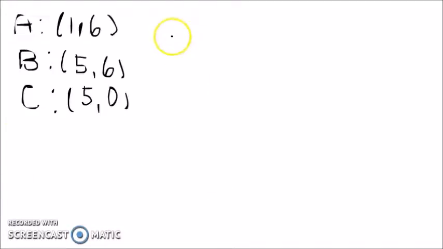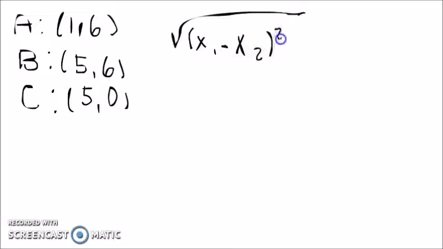So let's write that down. Radical sign, (x1 minus x2) squared plus (y1 minus y2) squared. Okay.